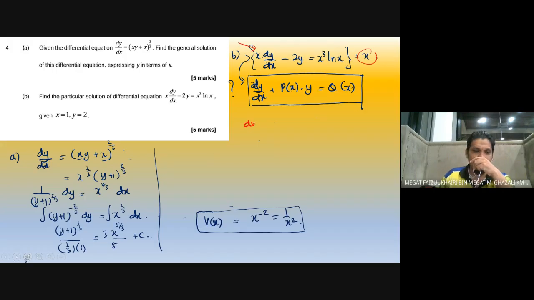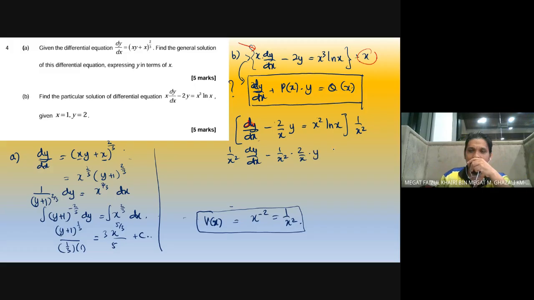So, dy, sorry. Okay, dy/dx minus 2 over x times y equals x squared natural log of x. So multiply with v(x). v(x) is 1 over x squared. So then 1 over x squared dy/dx minus 1 over x squared times 2 over x times y equals x squared divided by x squared, which equals 1.